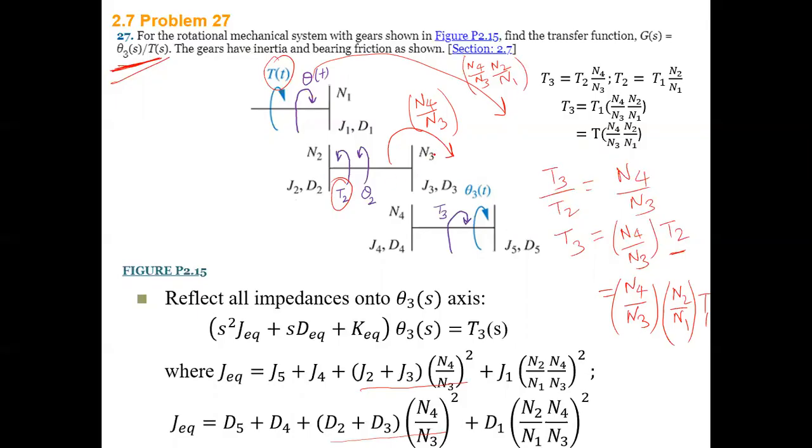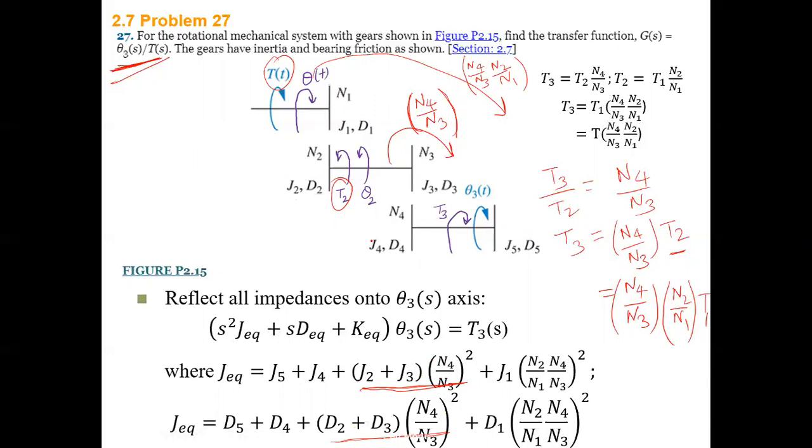Now, in the case of J, you do the square, right? See that? In the case of J and D, you do the square. In the case of T, you simply take N4 over N3.